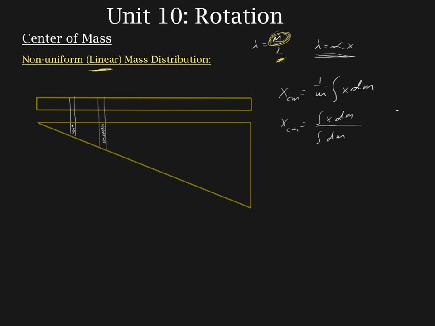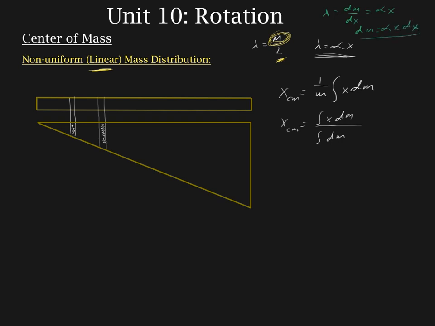We know that lambda is equal to dm/dx, but lambda is also equal to alpha x. Therefore, dm is equal to alpha x dx.